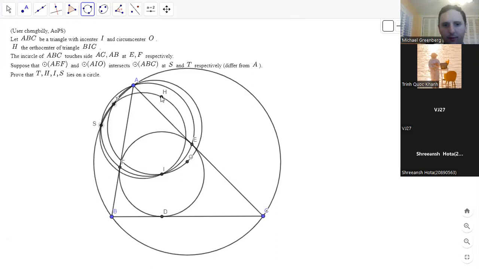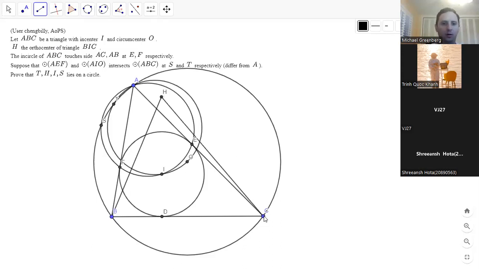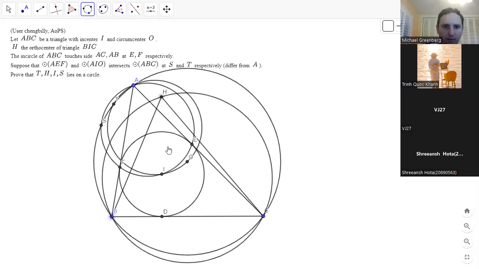So I is the orthocenter of BHC. And I feel like, yeah, let me draw a triangle BHC. And let's draw the circumcircle of BHC. Because the distance from H to I should be twice the distance.